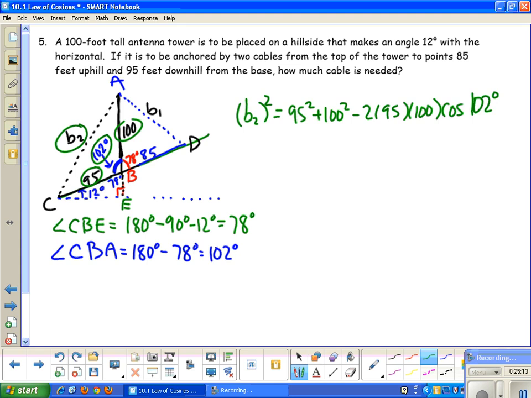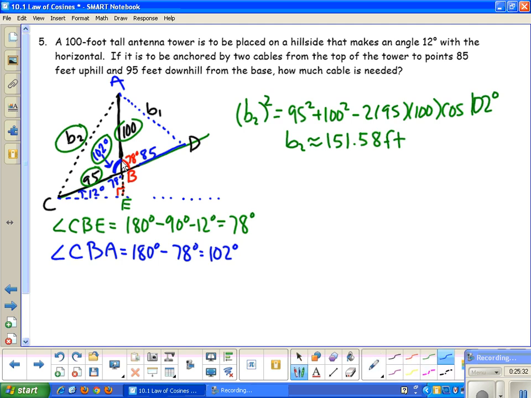So if you plug this into your calculator and solve, you end up with B2 being about equal to 151 point, I'm going to round to nearest hundredth, 58 feet.